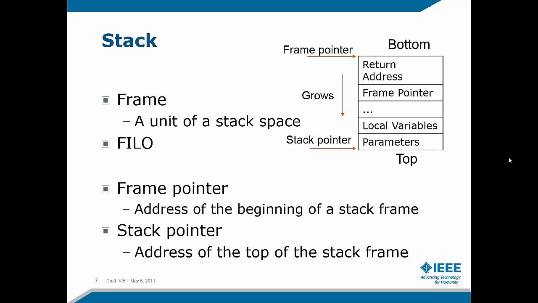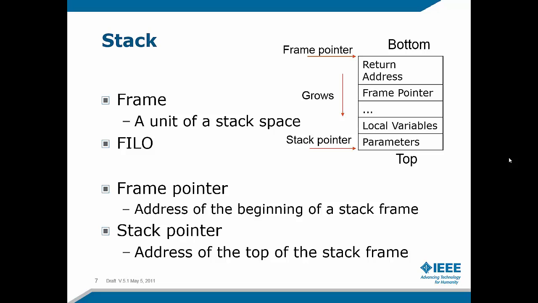And what this means is that whenever there is a new frame added to the memory, it will be added to the end of the existing frame, and then when it's time for us to somehow remove the frame, the last frame added to the memory will be removed first, and then the very first frame that was added to the memory will be removed last. So that's really the nature of a stack, how it operates.